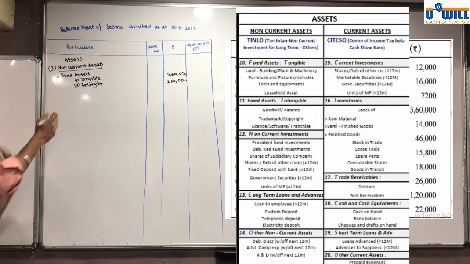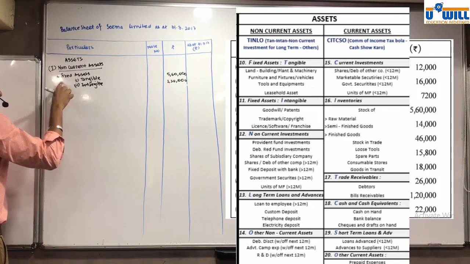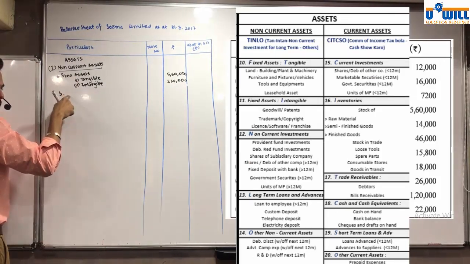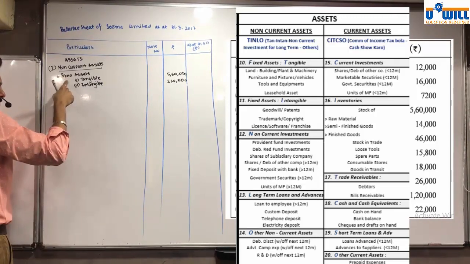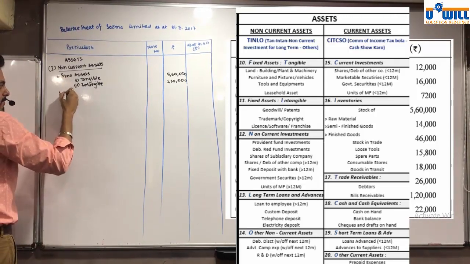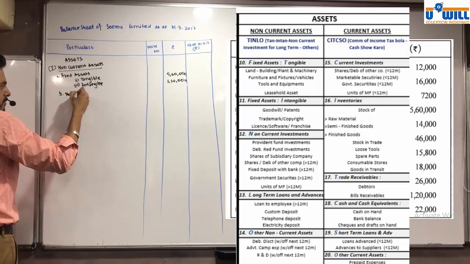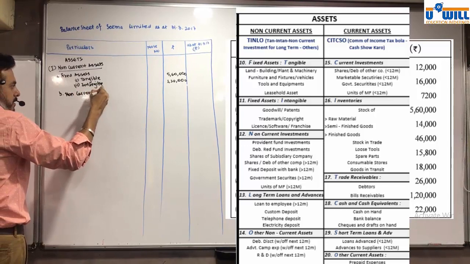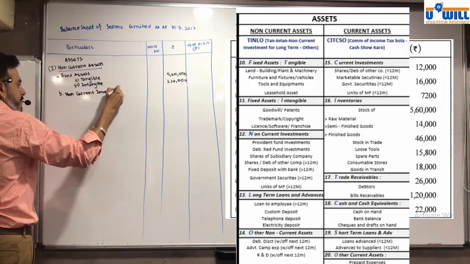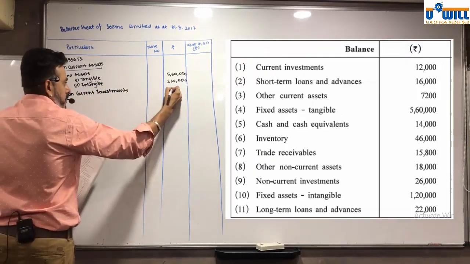Then fixed asset, then B, non-current investments, 26,000.